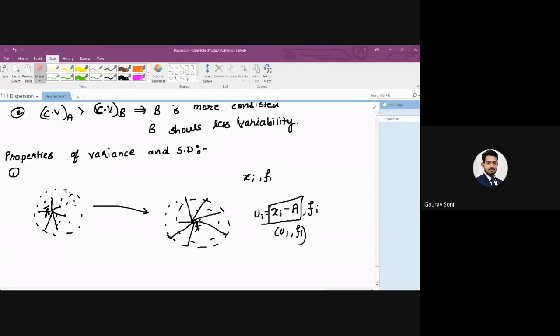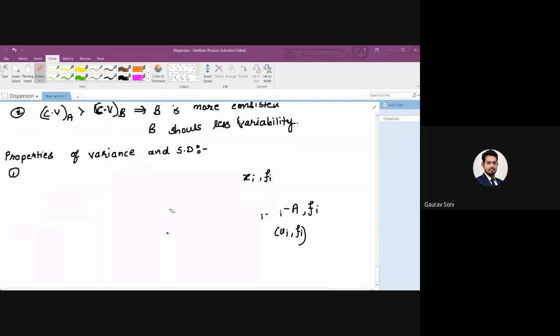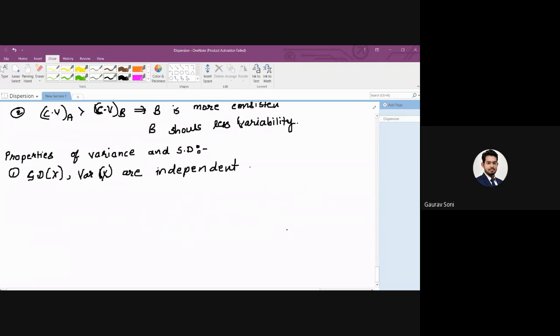So we'll write this down. The first point: standard deviation of x and variance of x are independent of change of origin.